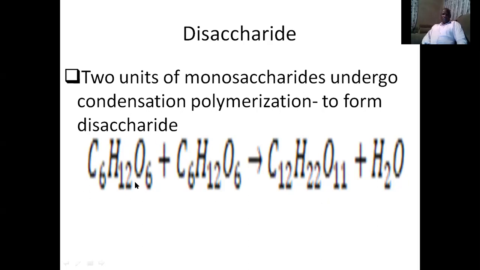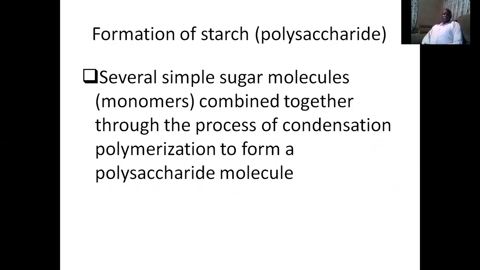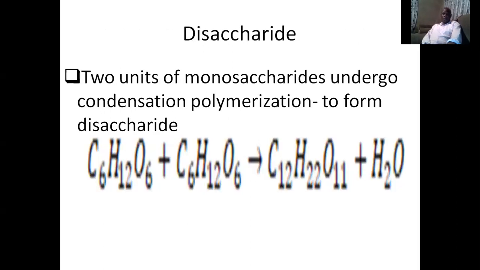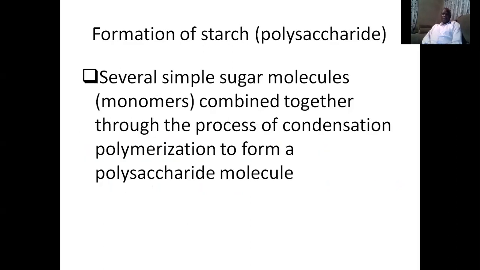One monosaccharide and another monosaccharide, you add them together, you form a disaccharide, and also water, the water that was removed through condensation polymerization. And so when you have several of these monomers, the monosaccharides, and you form a very long big chain, then you form what is known as a polysaccharide, which is starch.